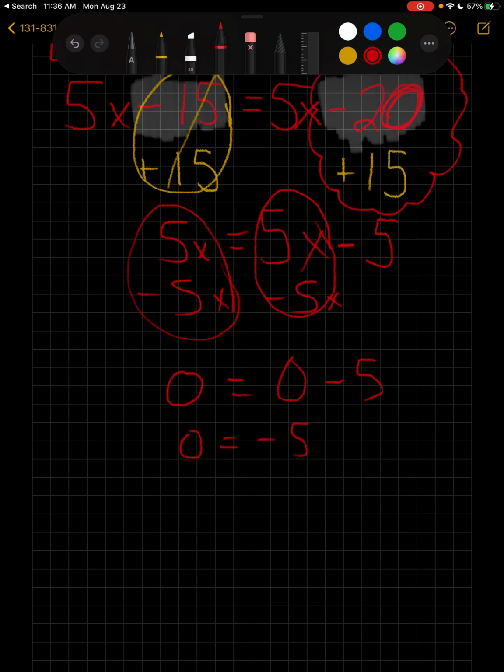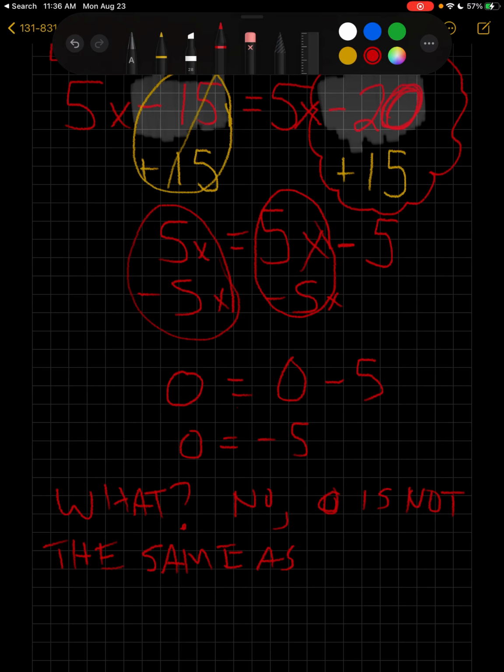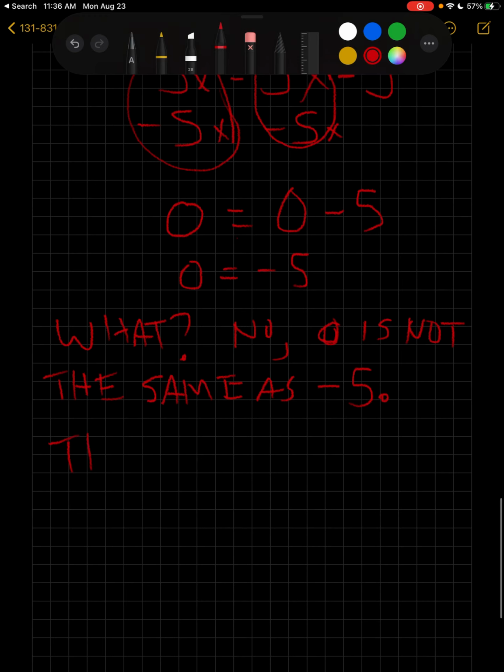Or 0 is equal to negative 5. And you should tell me, what? No. 0 is not the same as negative 5. Those are two different numbers. So this is a false statement.